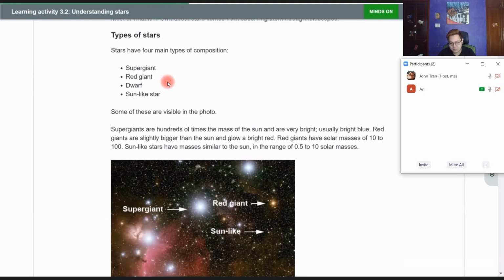Red giants are slightly bigger than the sun and glow a bright red. Red giants have a solar mass of 10 to 100. Sun-like stars have masses similar to the sun, in the range of 0.5 to 10 solar masses.